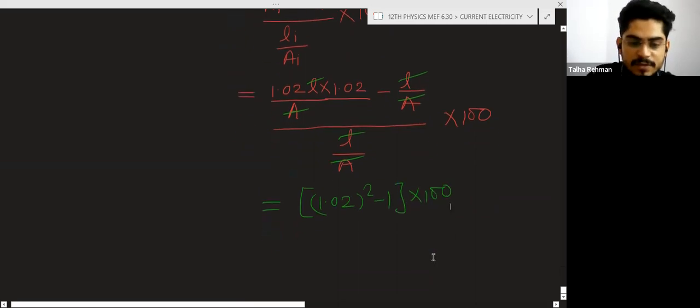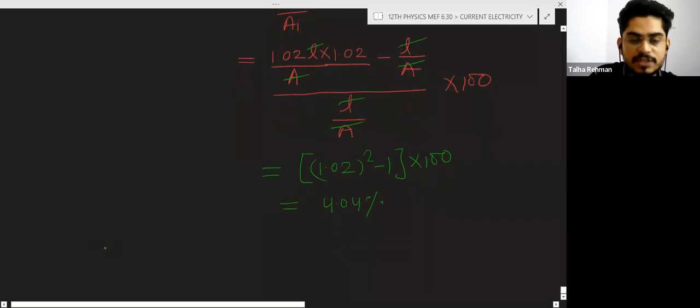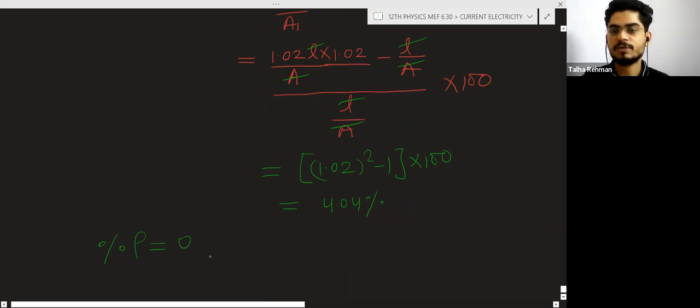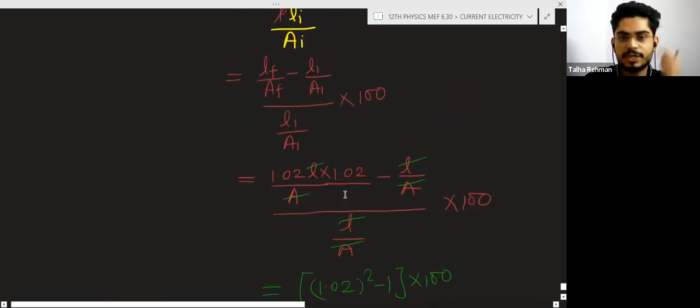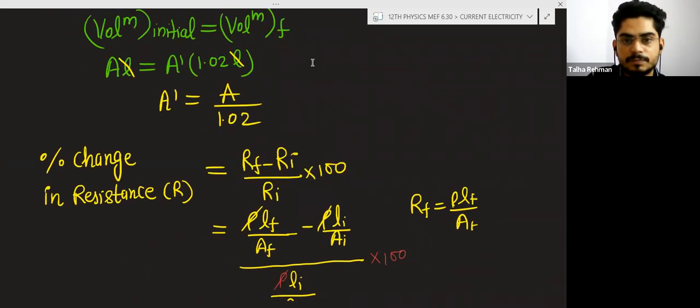So you will get the answer 4.04%. And percentage change in resistivity is 0, because the resistivity will not change. If percentage change in rho is 0, it means no change. Okay guys, so please note it down and hurry up.